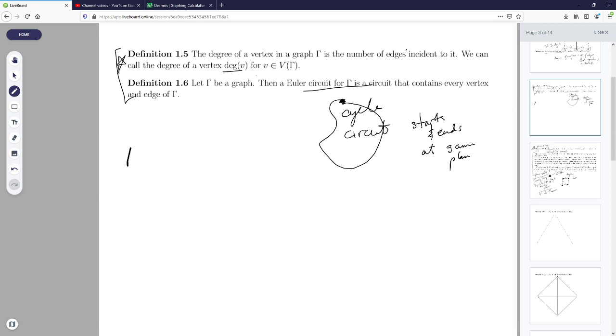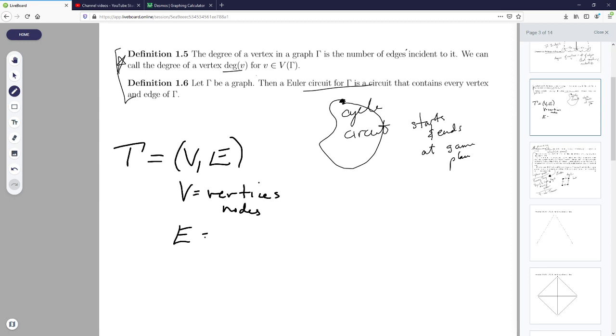So what is a graph? A graph is really just two sets, right? One of those sets is a set of vertices. Sometimes you'll see them called nodes in computer science. And the other one is called the set of edges.